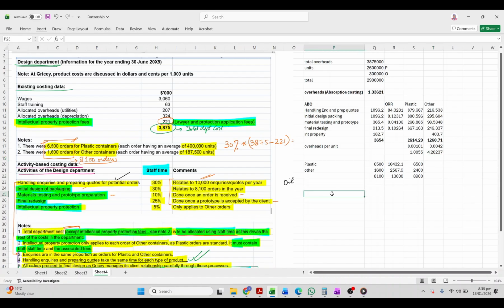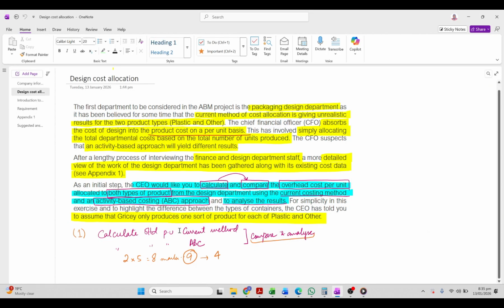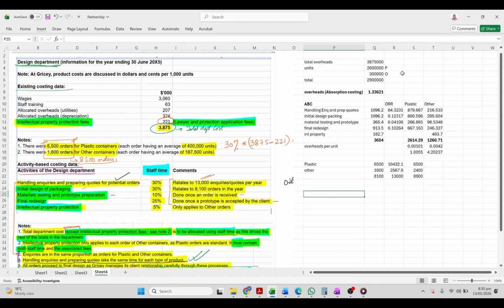So we have calculated all the details. We have calculated this one as we have identified in our question that 1 mark is for the calculation of the current method, right? So 1 mark is for the calculation of this one. Then because there are a lot of calculations, we can say 1.5 marks for all.